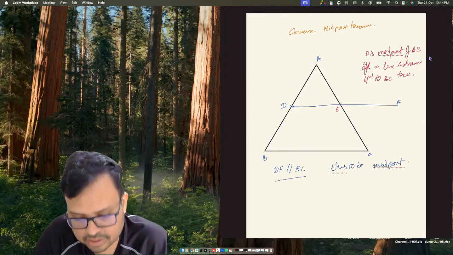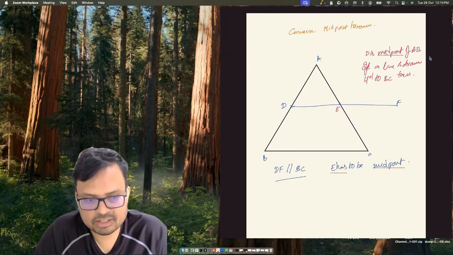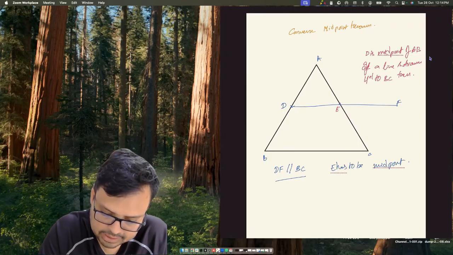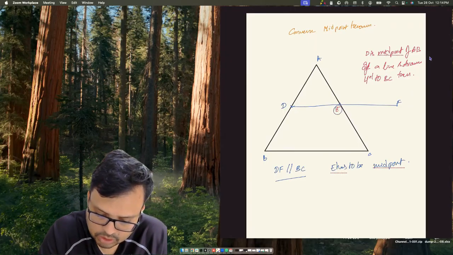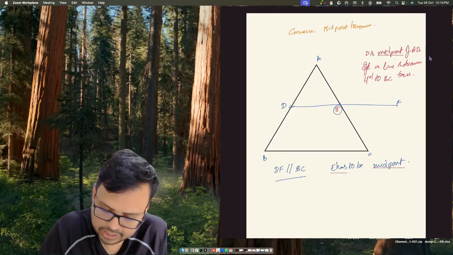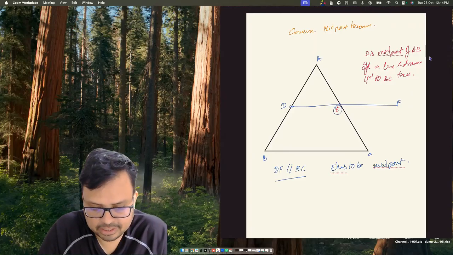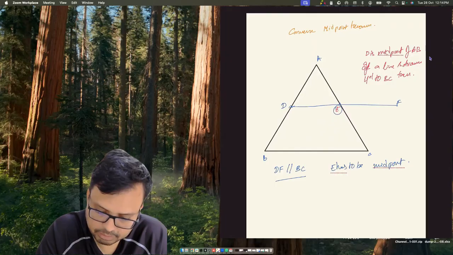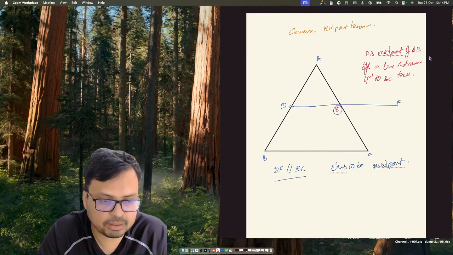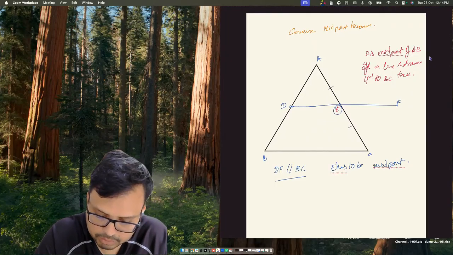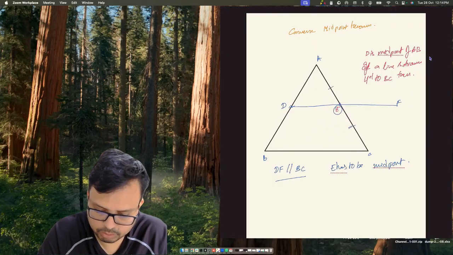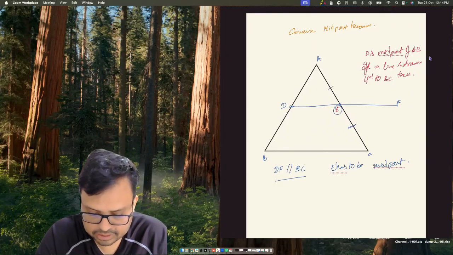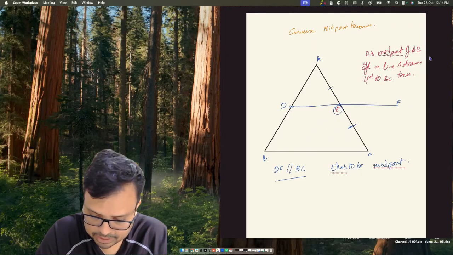So observe the subtle difference here. They're not saying that E is the midpoint. They're saying that you take one midpoint and draw a line which is parallel to the base. Then it intersects the other side AC at a point E, and point E becomes the midpoint. How point E becomes the midpoint is something that we have to prove. We don't know that this is the midpoint, but we'll have to prove it along similar lines.